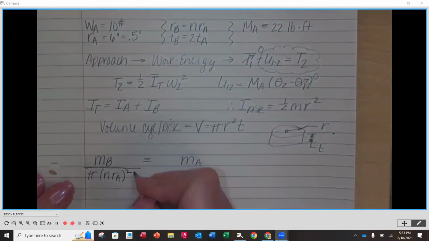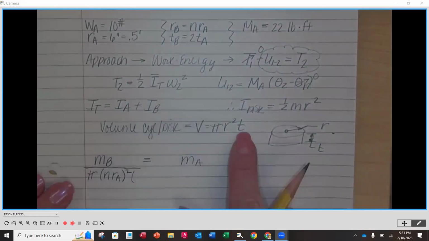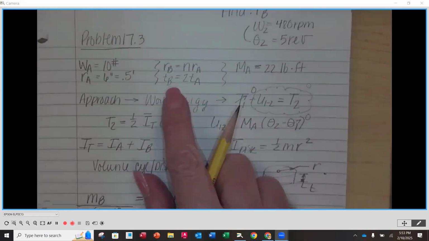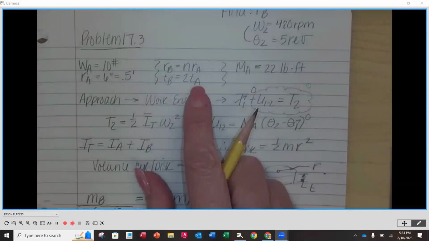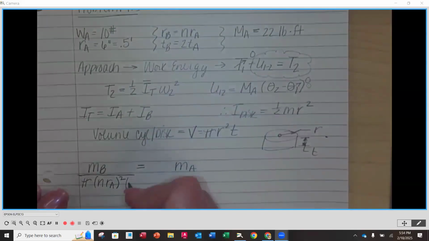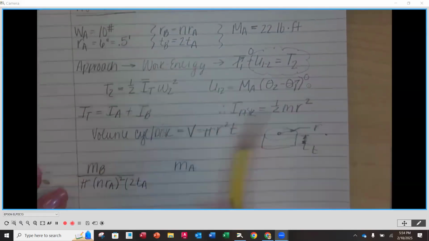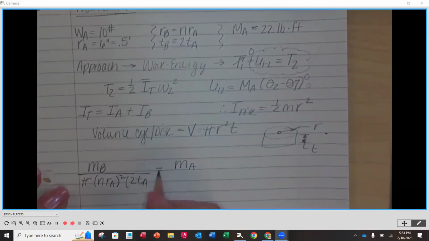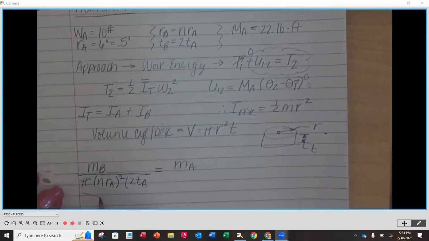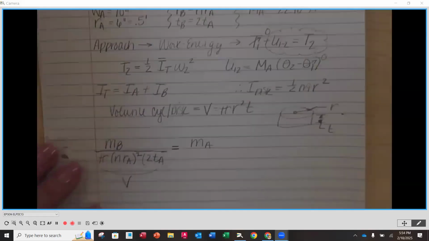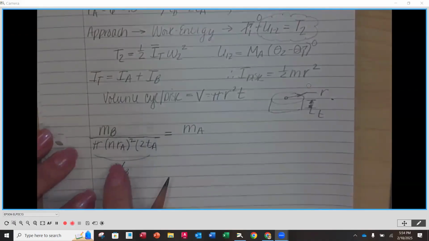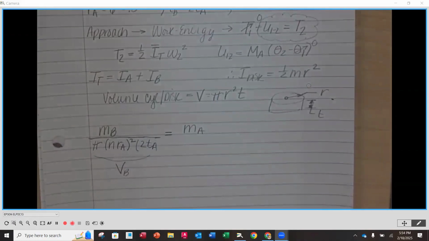And then we're going to multiply it by the thickness. Well, we know that the thickness at B is equal to 2 times the thickness at A. So this is going to be 2TA. See, I already violated my side over here. That's why we use pencil. Equal to. So again, underneath here is the volume of B. Okay, just kind of showing you that. That's the volume of B.